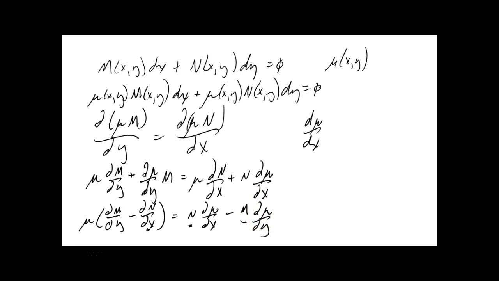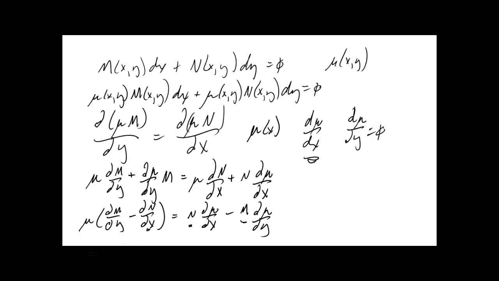That's the assumption we're going to make now, that mu is strictly a function of x alone, not y. So we can talk about the derivative of mu with respect to x, but the derivative of mu with respect to y is 0 because it doesn't depend on y. So that's our simplifying assumption here.